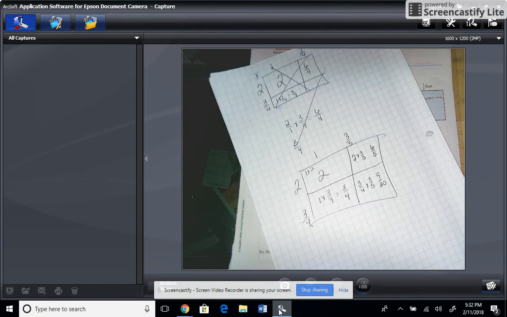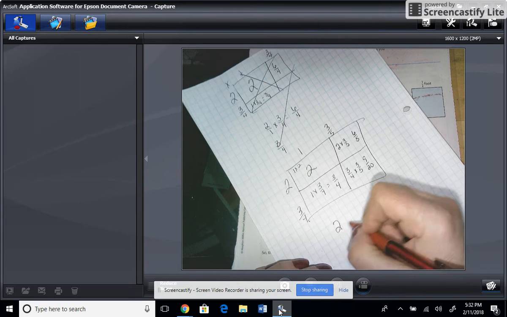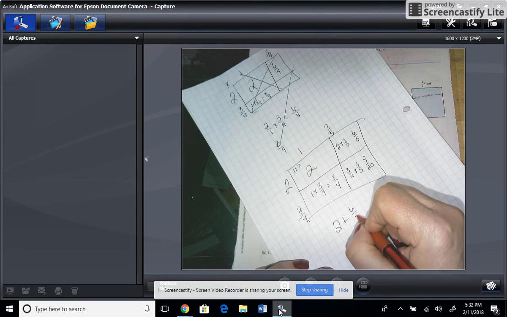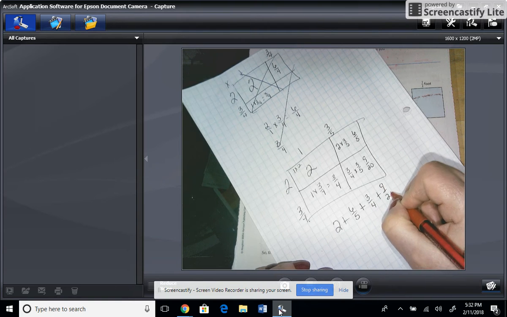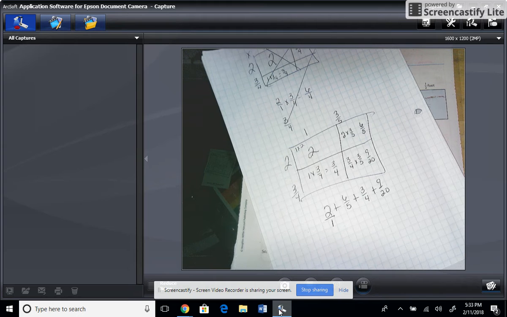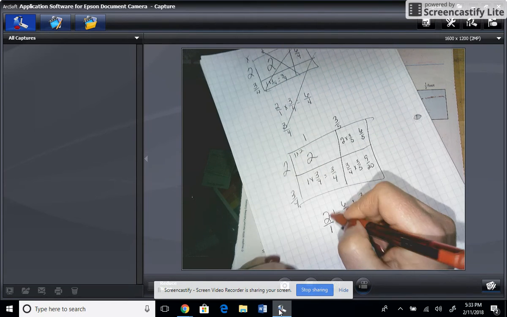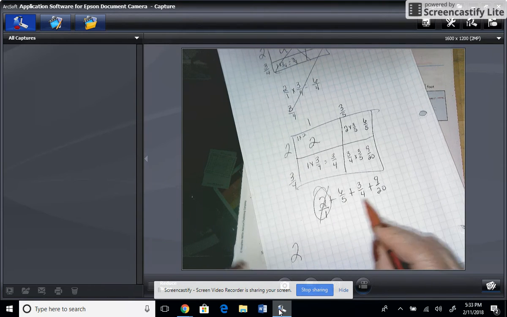Now we have to add these all together because that's what we have: 2 plus 6/5 plus 3/4 plus 9/20. So I'm just going to leave my whole number and add it later. I'm going to look for a common denominator with my fractions here.